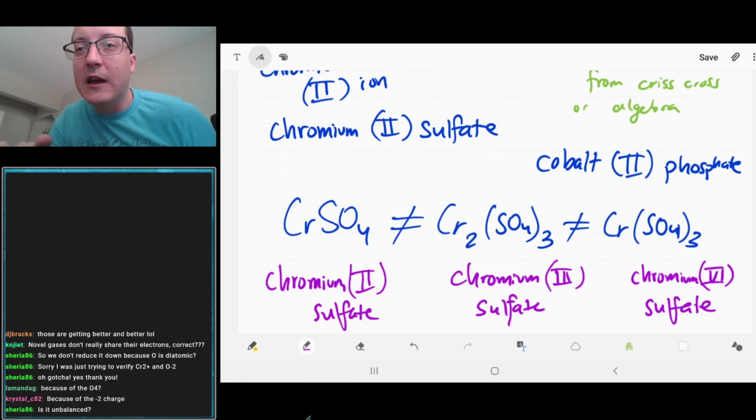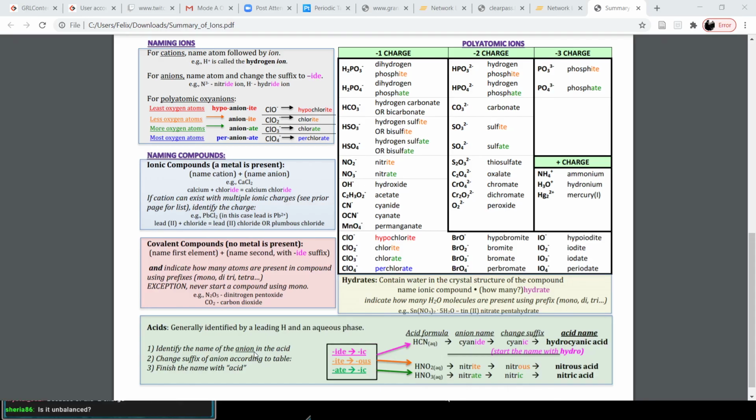In case you forget the rules, happily for us, it's right here. For us, we've gone through ionic compounds today. We always put the metal first, followed by non-metal with "ide."